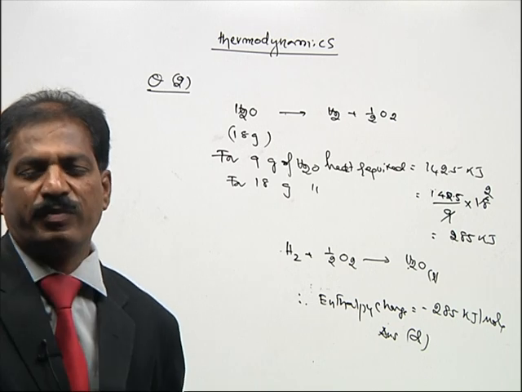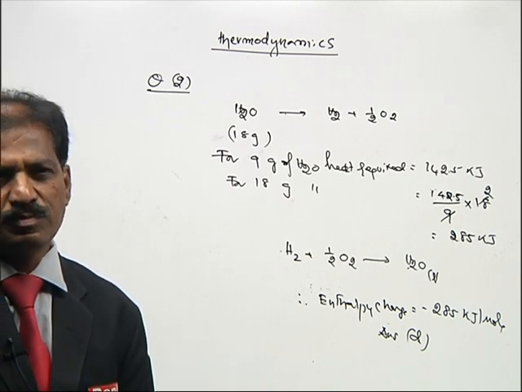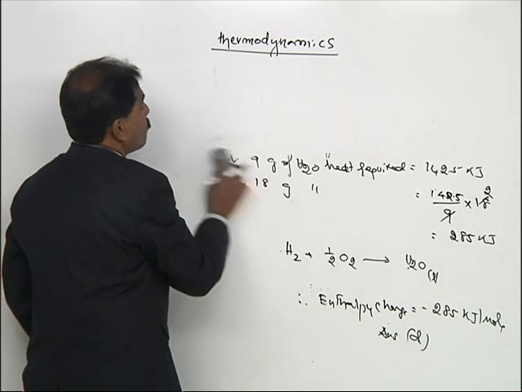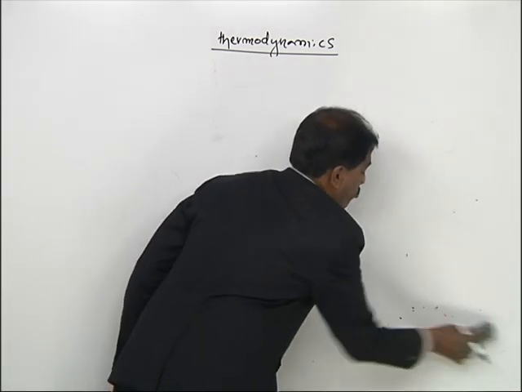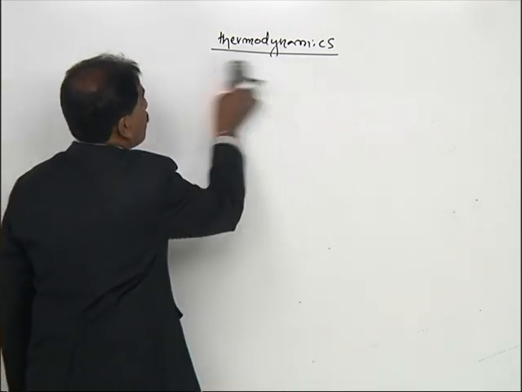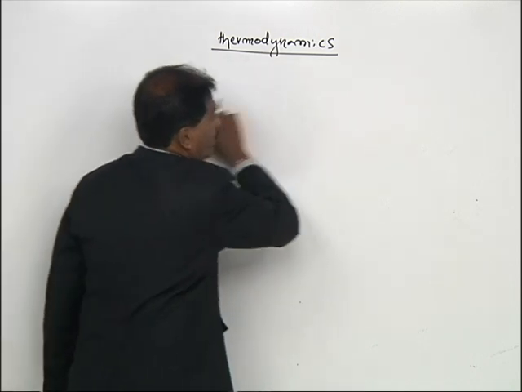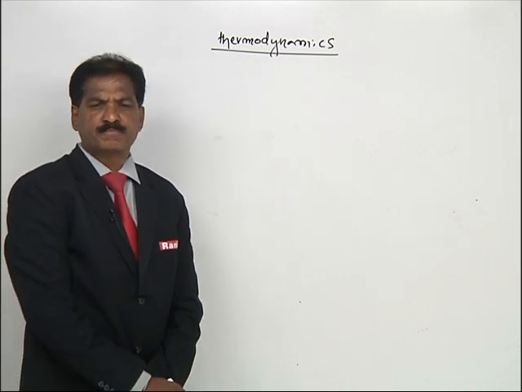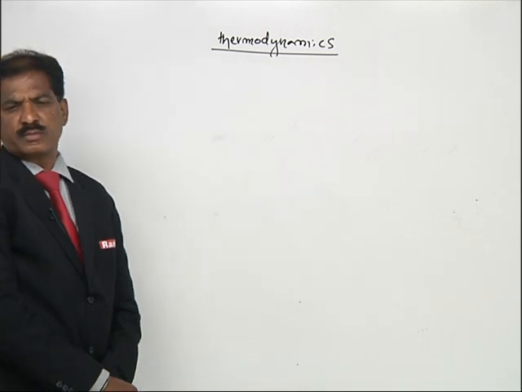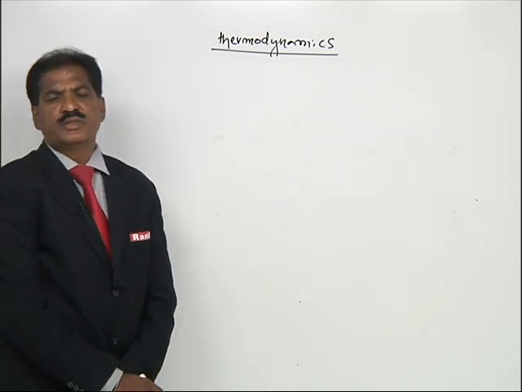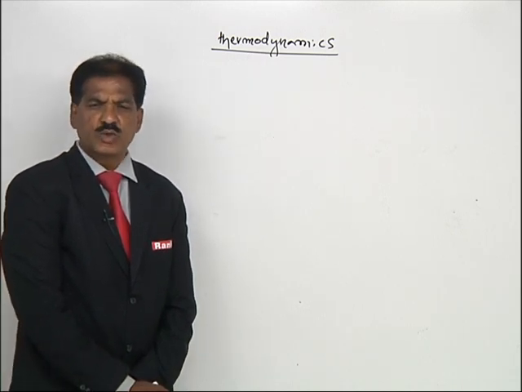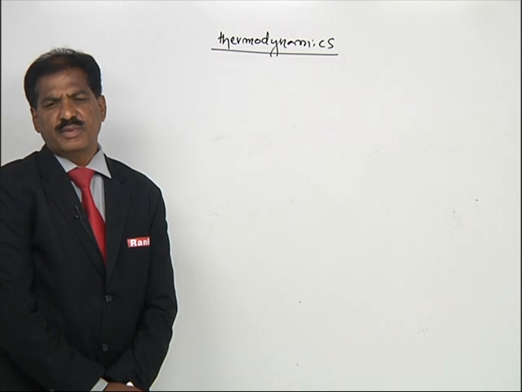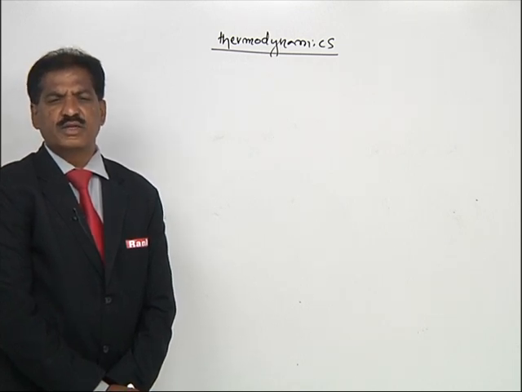Next, the heat of formation of CO2. The heat of formation of CO2 gas, CO gas and H2O gas are minus 393.5 kilojoules per mole, minus 11.5 kilojoules per mole and minus 241.8 kilojoules per mole.